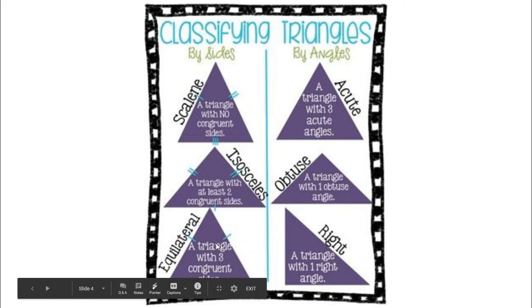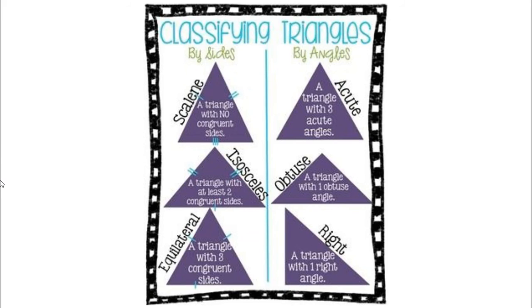And then an equilateral triangle is all three sides are congruent. So we have 1, 2, and then I can't get rid of the bottom. Oh, if I go over here, it's not gonna go away. There we go. And then the third one on the bottom there, the base of the triangle is also equal.